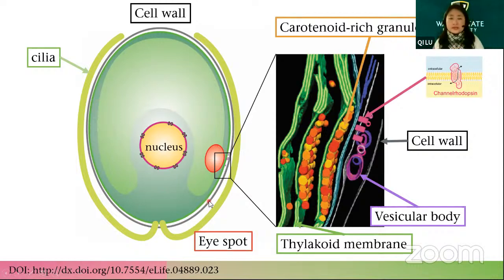And a very specialized structure of this green algae is the eye spot. The eye spot is a very unique, highly functional subcellular part. In this spot it has a carotenoid-rich granule layer that sits on a thylakoid membrane, and this thylakoid membrane cannot pass through light.